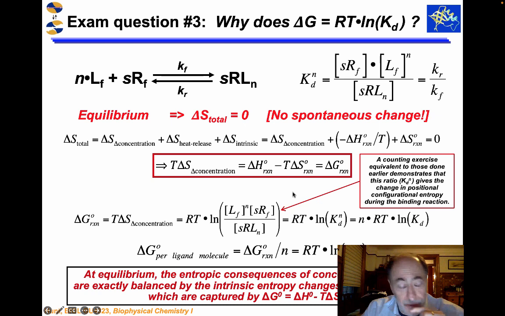Explain that what the Gibbs equation is telling you is that at the point of chemical equilibrium, the intrinsic entropy changes in the course of the reaction, due to both any actual entropy change plus the entropy of the heat release, the sum of all those intrinsic entropy changes, is exactly balanced by the entropic consequence of the concentration change, and that is what establishes the equilibrium point in a solution. So we'll go into that now.